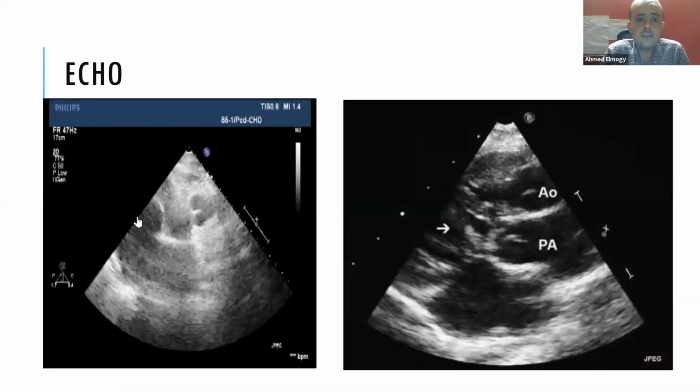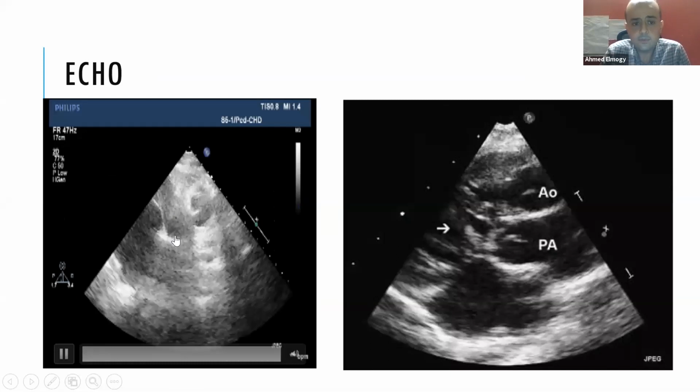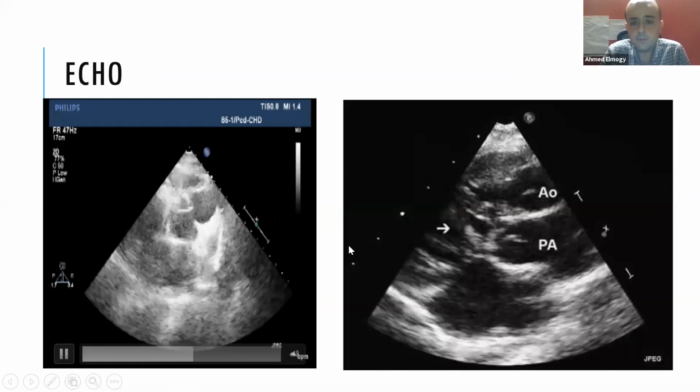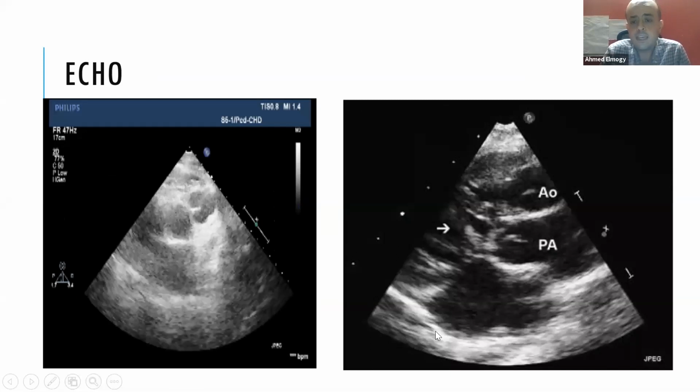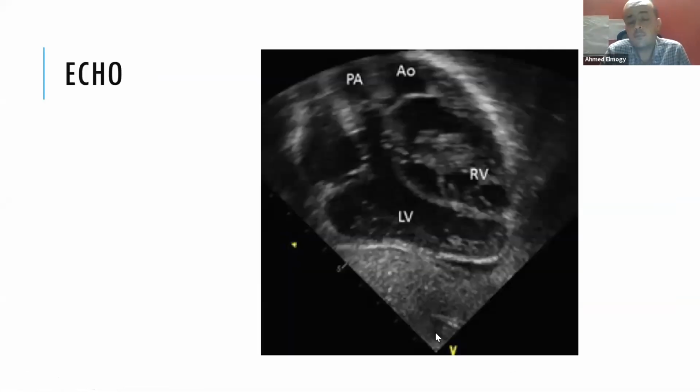And here, the aorta is anterior and to the left of the pulmonary artery, as we have seen in both pictures. We can also detect it from the subcostal views, in which the left ventricle is the anterior chamber, giving rise to the pulmonary artery.